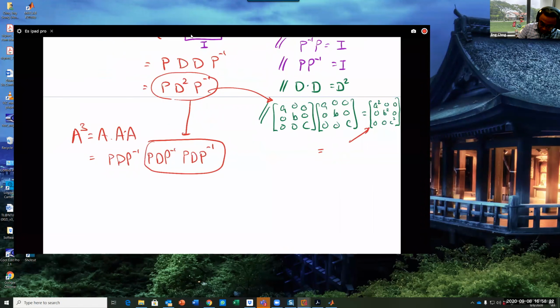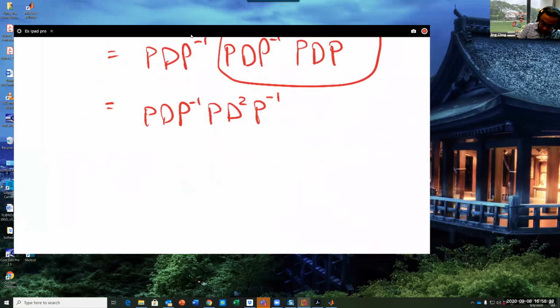Basically, then we do this. And now, of course, the magic happens again, which is that this guy reduces to I. And then now we have the same effect: P D times D square, P minus 1, P D cube, P minus 1.